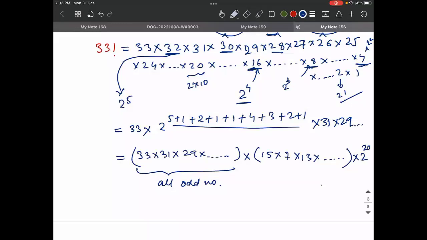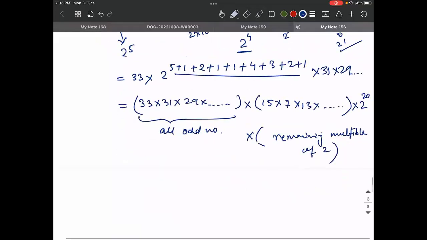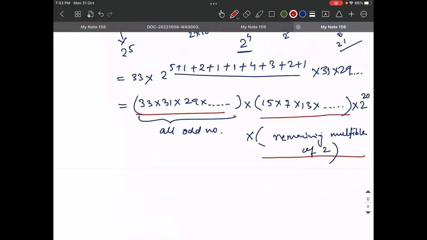But okay, let's multiply by the remaining 2s, the remaining numbers which are multiples of 2. So what we can write, this will be some number. This multiplied by this multiplied by this will be some natural number.